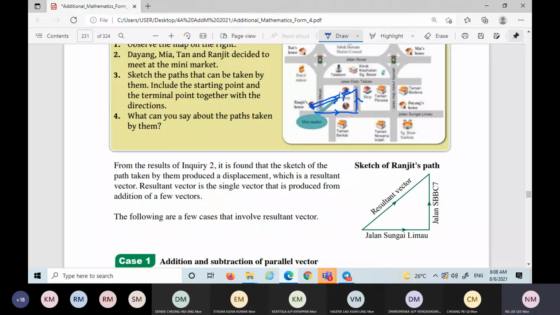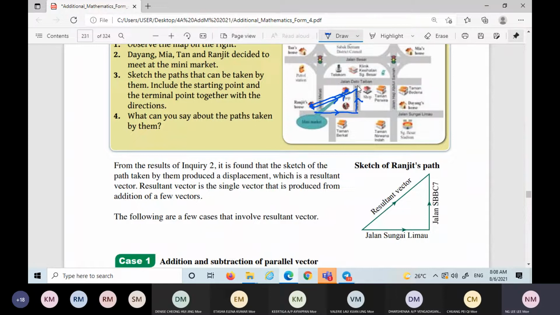You go directly from the starting point to the terminal point. But in case you cannot follow this shortcut, you have to follow the normal route, taking this and this, meaning this vector added with this vector. So the resultant vector is the shortcut.